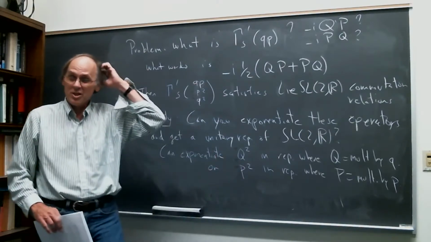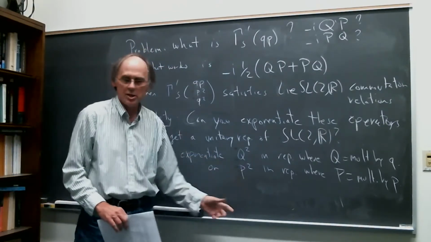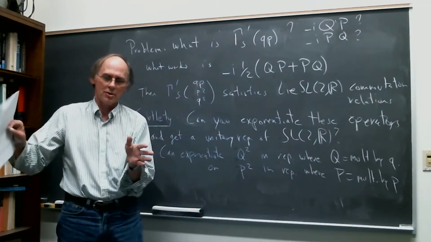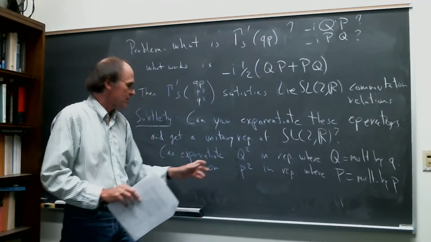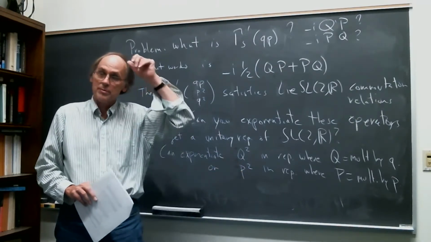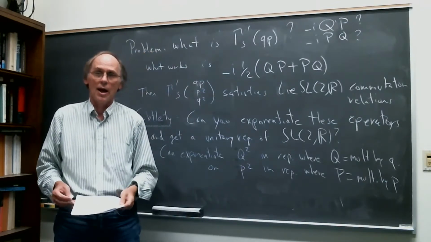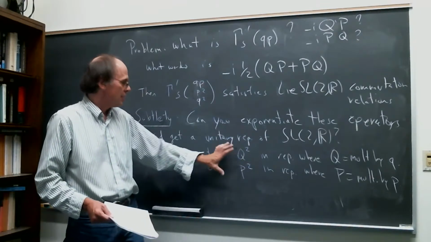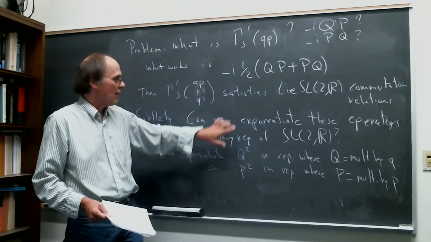And so there's a question here: how do you exponentiate the second derivative? If you're exponentiating a first derivative, that really just corresponds to some kind of finite shift. But if you're exponentiating a second derivative, it's much less clear what that means or how you would do that. So you're stuck with a tricky problem here of how am I going to do this?